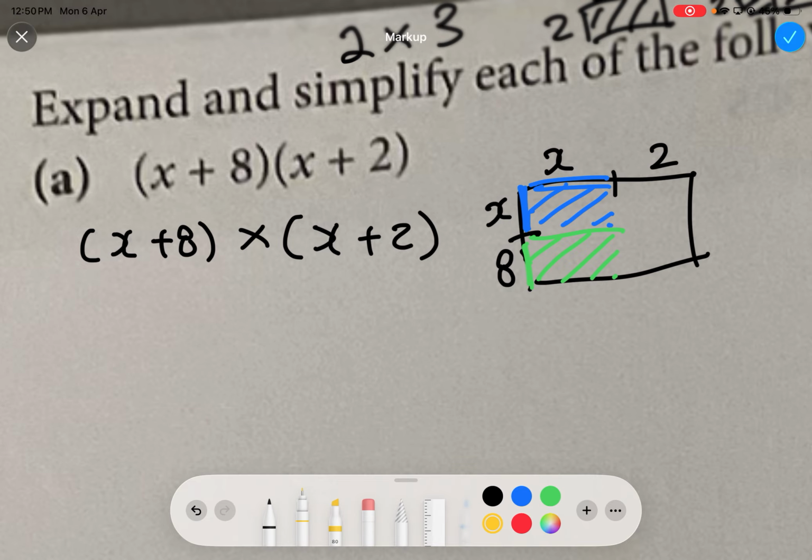Then my x over here multiply the 2, that will give me this area. My 8 over here multiply this 2, that will give me this area. So all together, when I multiply this, I should have these 4 parts added together. So how do I find all these 4 parts?